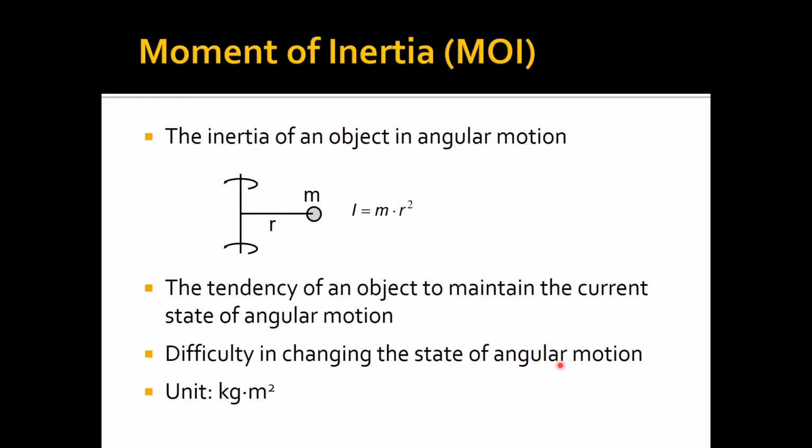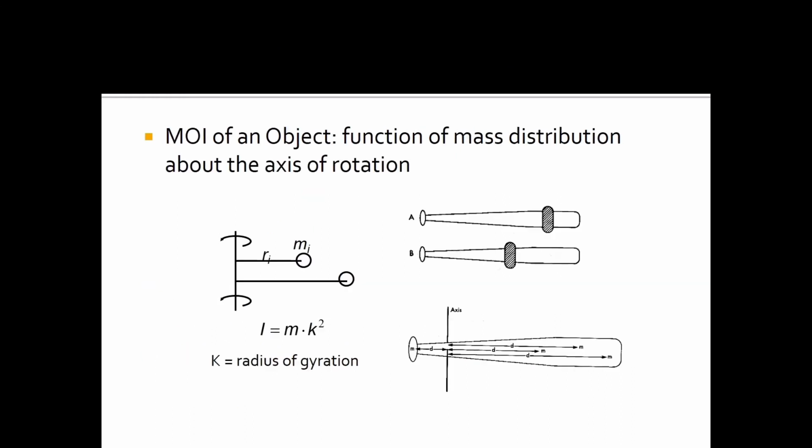And the unit of moment of inertia is kilogram times meters squared, because the unit of mass is kilogram and the unit of distance is meters. That's why kilogram times meter squared. And actually, the moment of inertia is a scalar quantity, not a vector quantity. This is a scalar quantity. No direction information is involved in moment of inertia. And here MOI means moment of inertia.